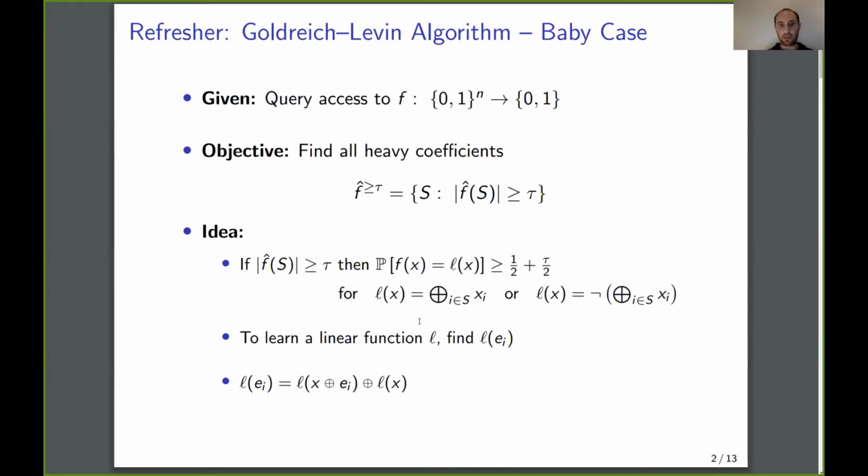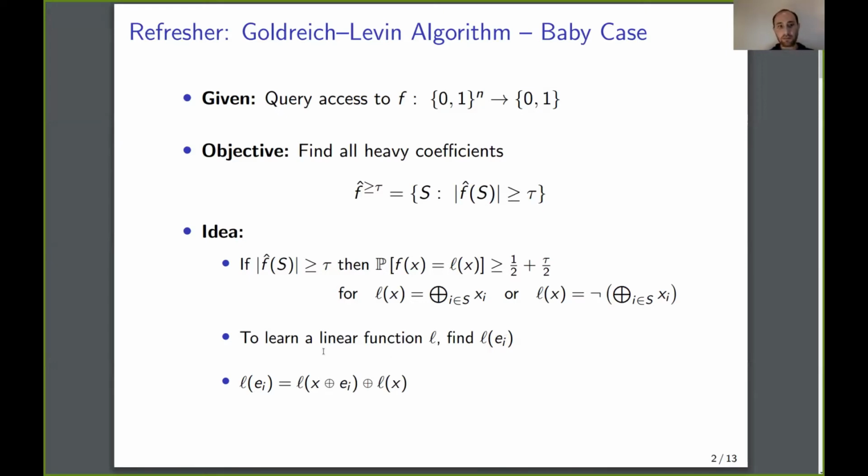So instead of finding f that has the heavy coefficient directly, we're going to find the linear function L that is correlated with f. And in order to do that, it's sufficient for us to find the evaluation of that function on all members of the standard basis.